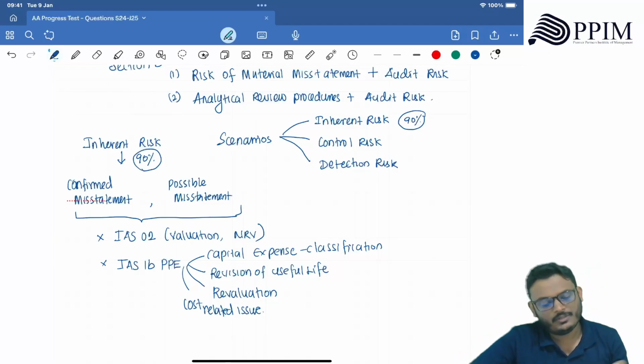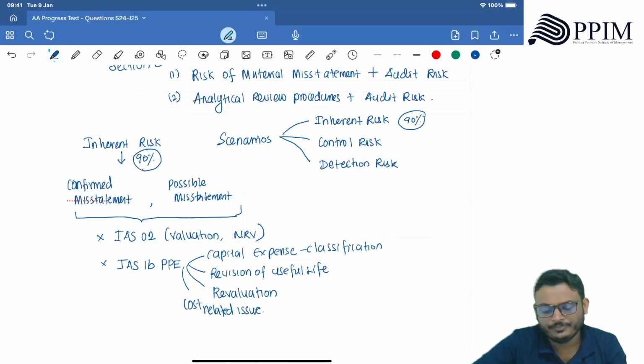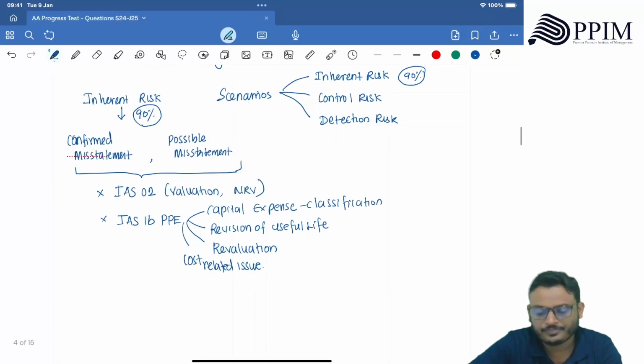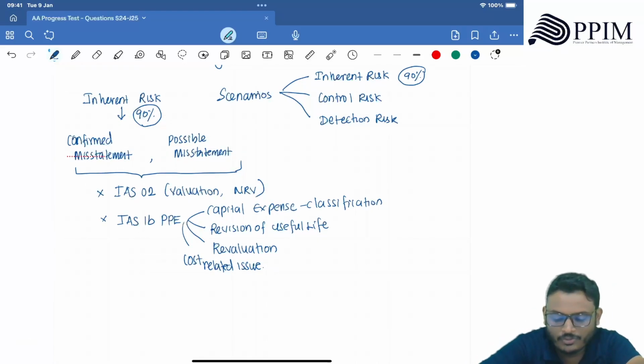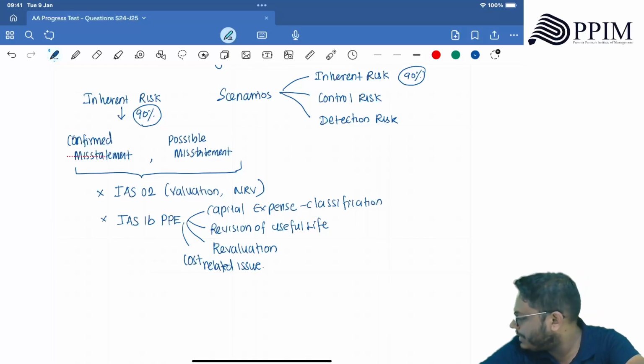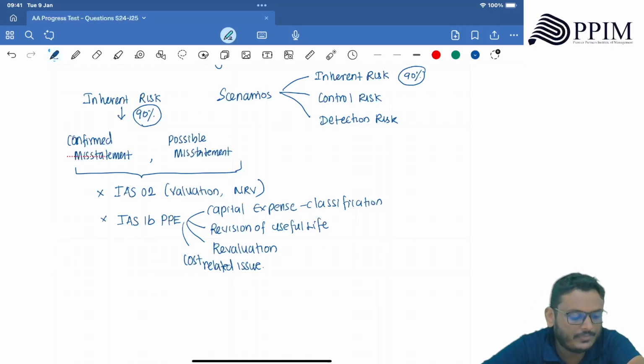So this is one of this possible in your IAS 16. When we are talking about the auditor's case study, that you should focus.